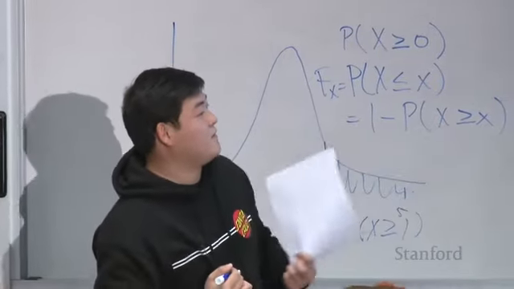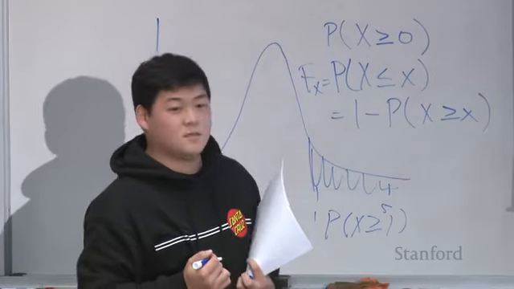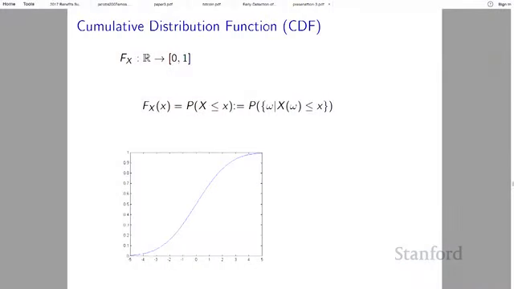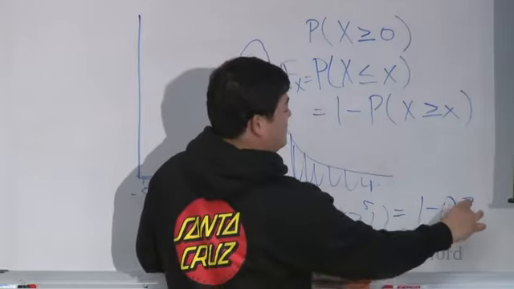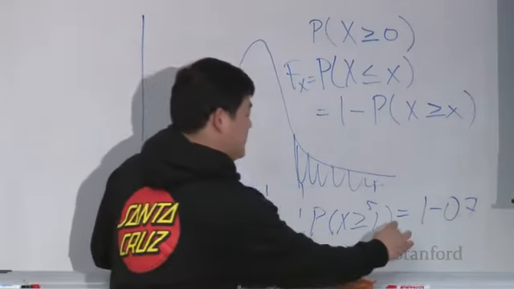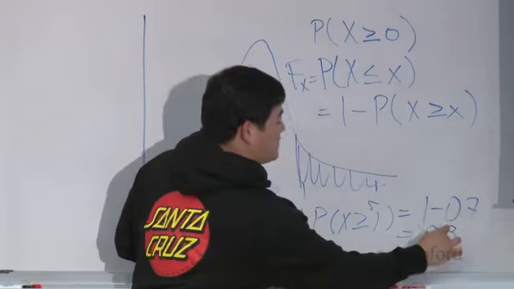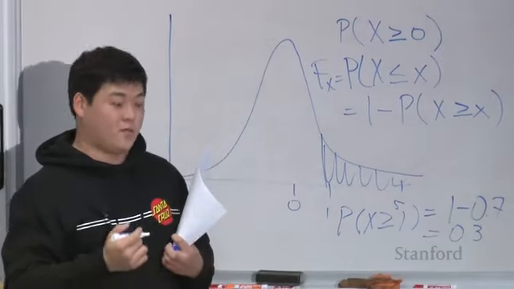Just using that graph. So if I trace up the 1 to the graph, we'll see that roughly 0.7, or 70%, of the probability is to the left. So this right tail will be 1 minus 0.7, and so our right tail will take on a value of 0.3.